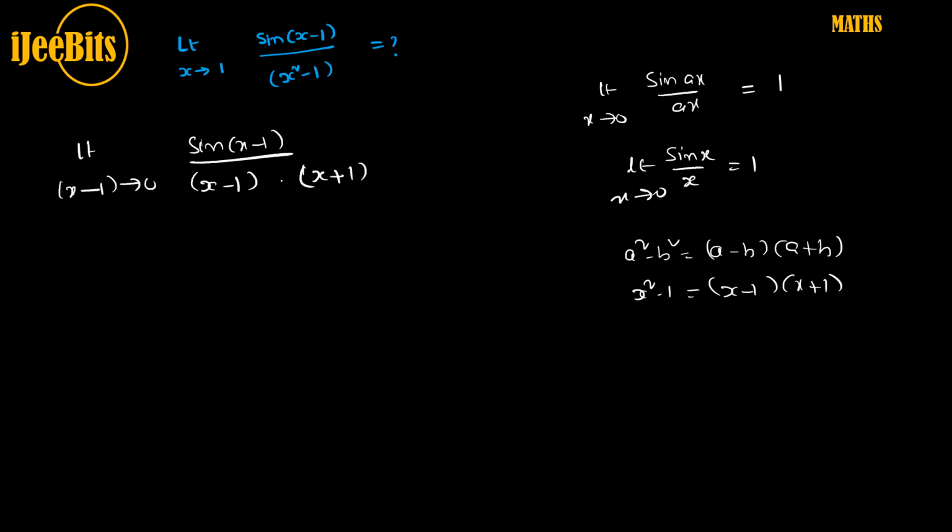If you look at this one, it becomes 1, right? Based on this equation, 1 into limit x tends to 1 of 1 over x plus 1, that's what is indirectly given. So you can plug in the value, 1 into 1 plus 1 equal to 2. So the answer would be 2. Clear?